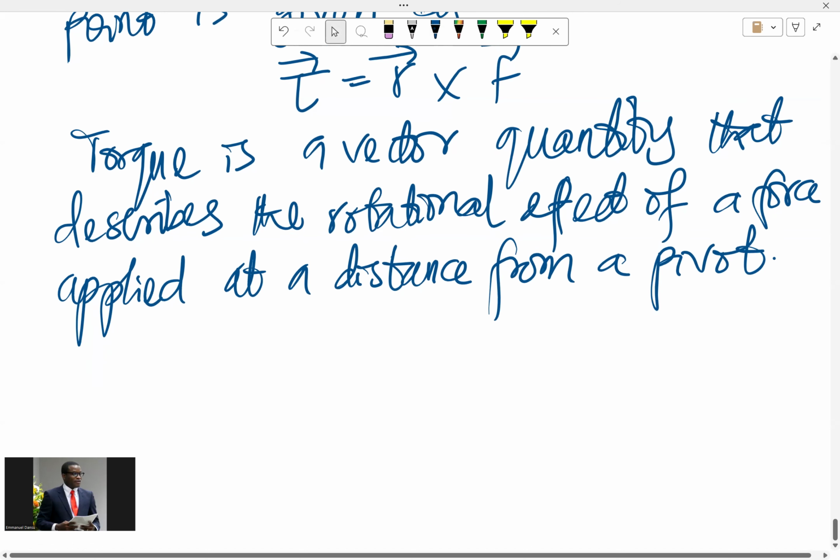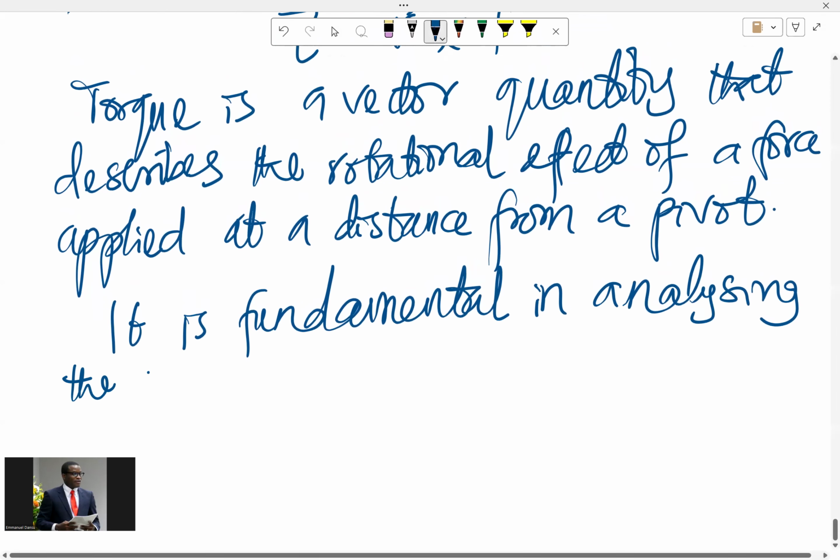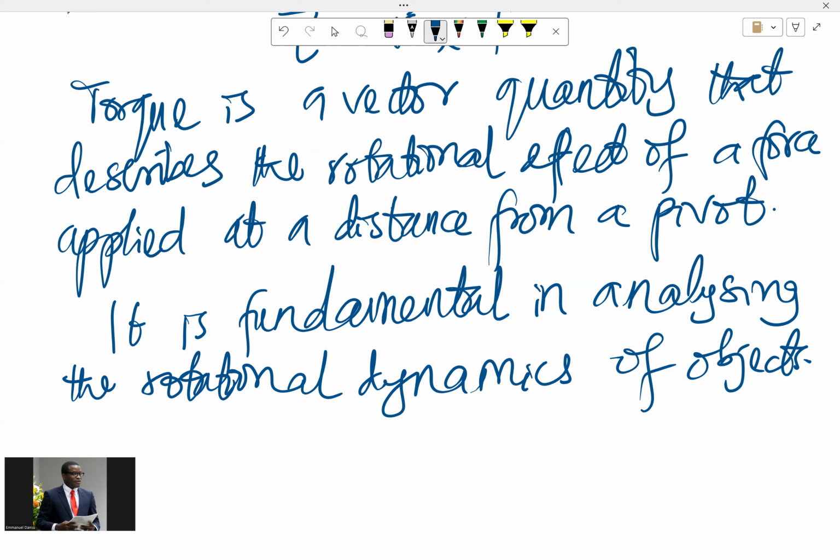So it is fundamental in analyzing the rotational dynamics of objects. So that's talking about torque. And it's important we know what is scalar, what is vector, so we can know how to go about handling them. Okay, so here we're talking about torque.